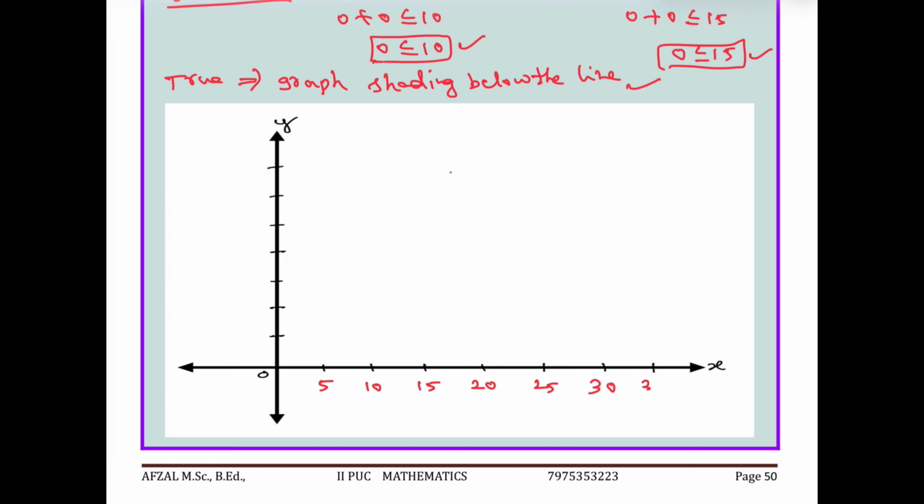Next, 42nd question. y equals a cos of log x plus b sin of log x.